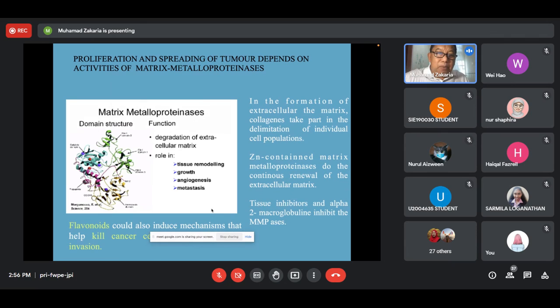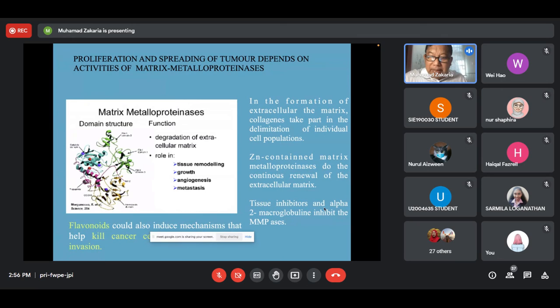So proliferation and spreading of tumor depend on the activity of the matrix metalloproteinases. In the formation of extracellular matrix, collagens take part in the delimitation of individual cell population.